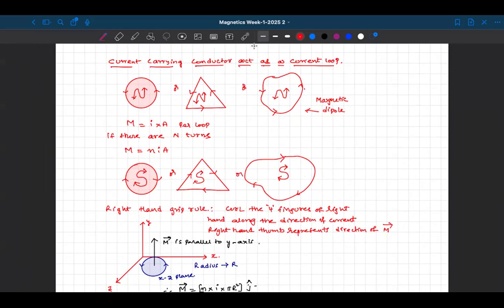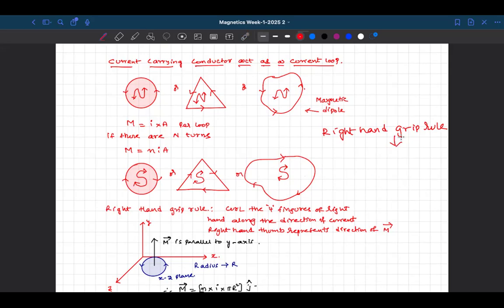For example, here you are seeing a loop in this mode. In this mode, the current is flowing in the anti-clockwise sense. If we are seeing the loop at this stage, you are seeing the actual north pole of this loop. For that, use the right hand grip rule.